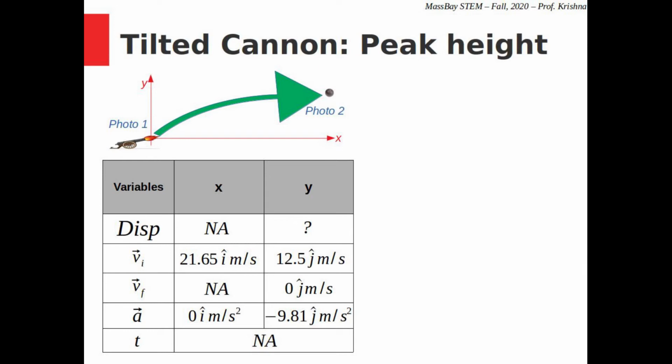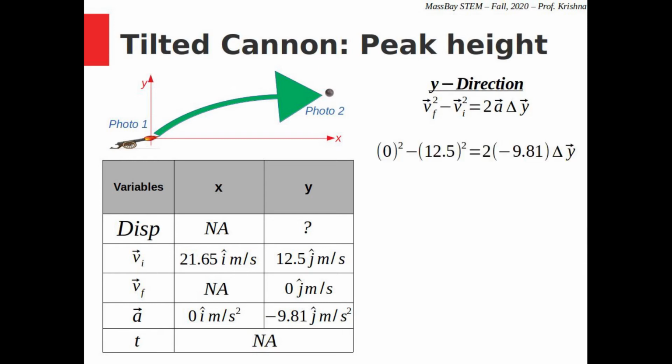We can solve for the peak height using toolbox equation 4. It works out to 7.96 j hat meters. That is, the maximum height of the cannonball is 7.96 meters above its initial height. That's what this puzzle was asking for.